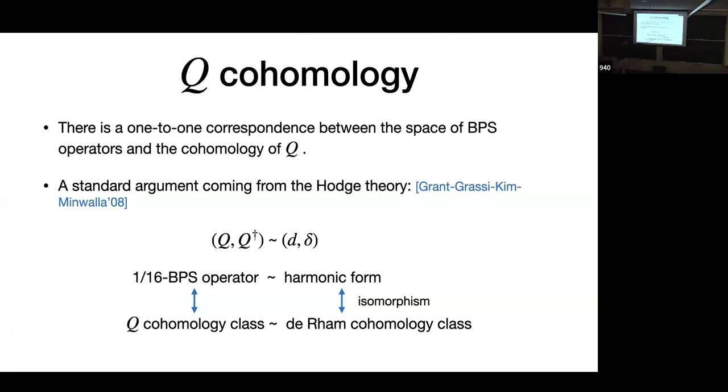From Hodge theory, we also know that there is an isomorphism between the space of harmonic forms and the space of de Rham cohomology. For our case, the operators that are annihilated by both Q and Q dagger are the BPS operators, or the 1/16 BPS operators. From this analogy, we know that there is an isomorphism between 1/16 BPS operators and the Q cohomology. So if we want to study 1/16 BPS operators, we can first try to study the Q cohomology classes.